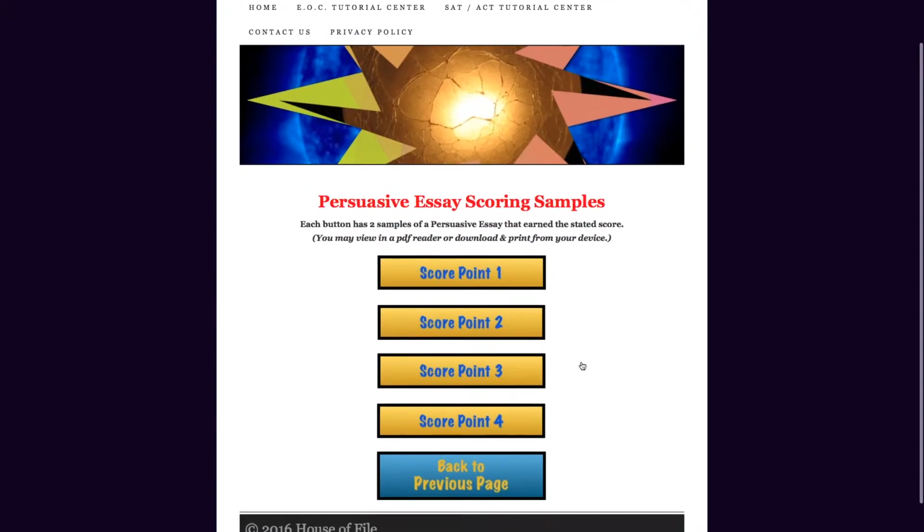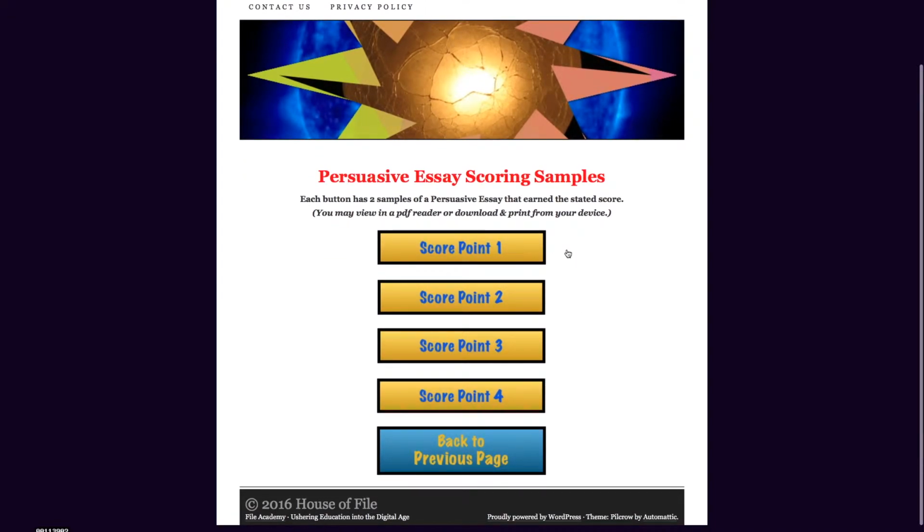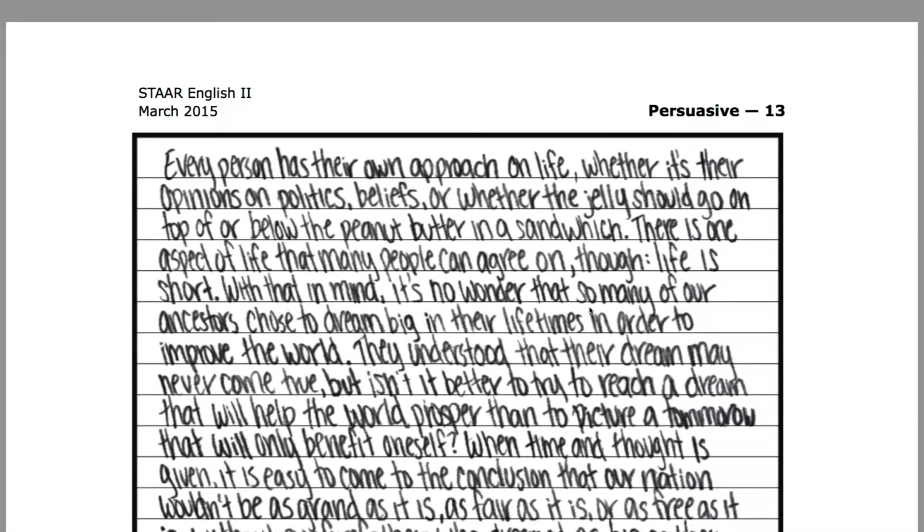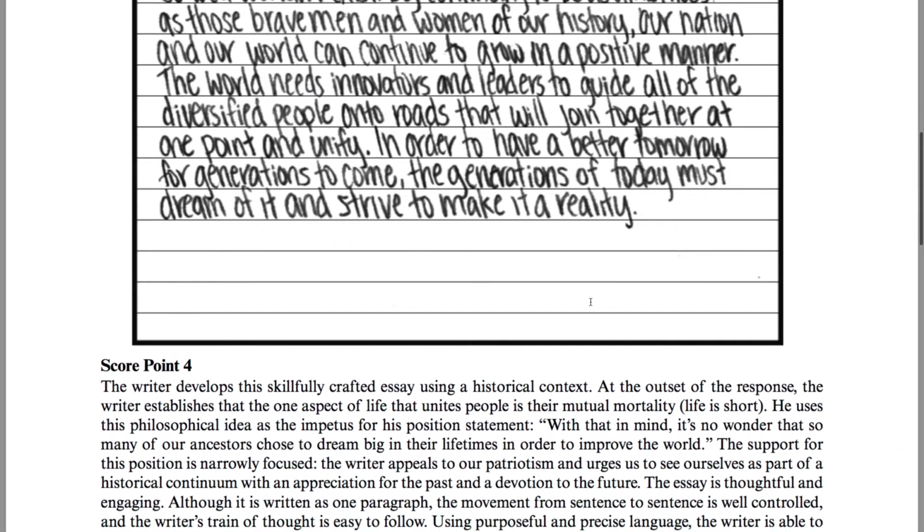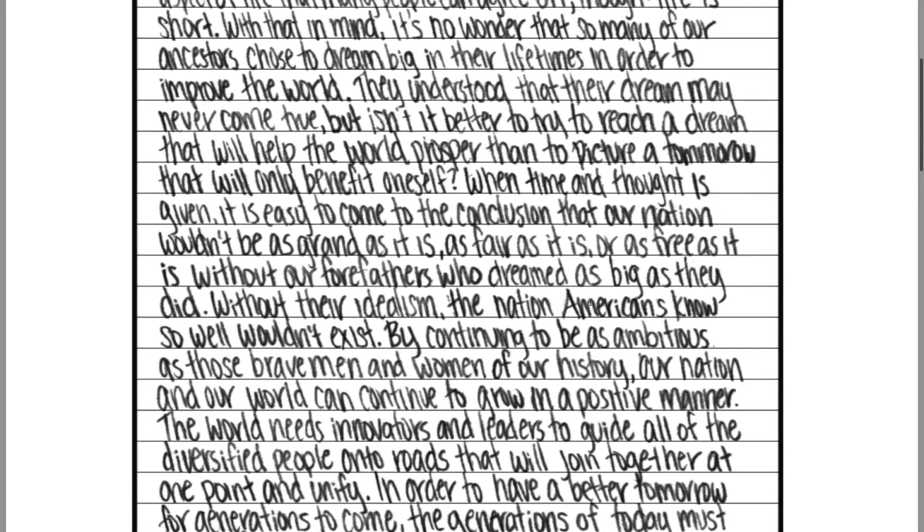How we break this up is we give you actual essays from previous tests that were given score points 1 through 4. Of course, you want a 4, but you can see these release essays. This was a highest scoring essay.